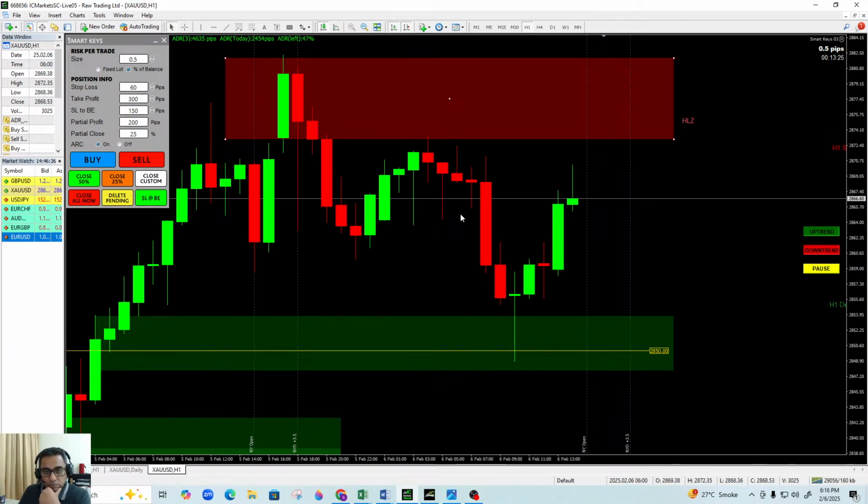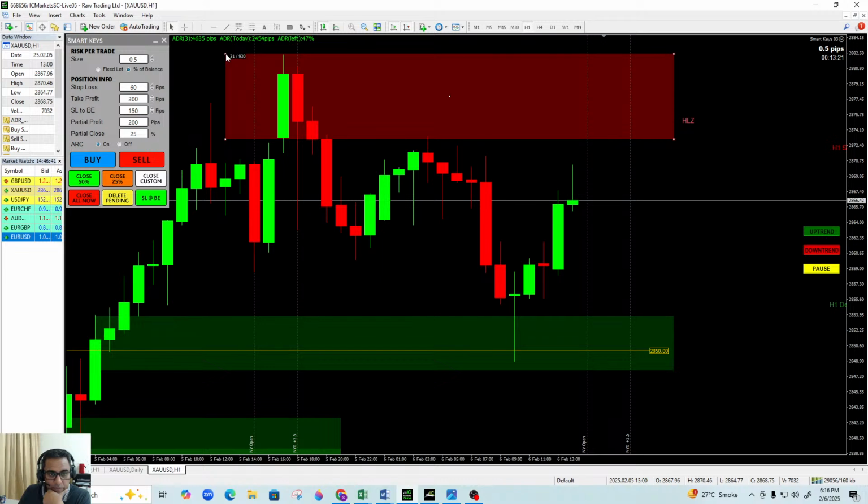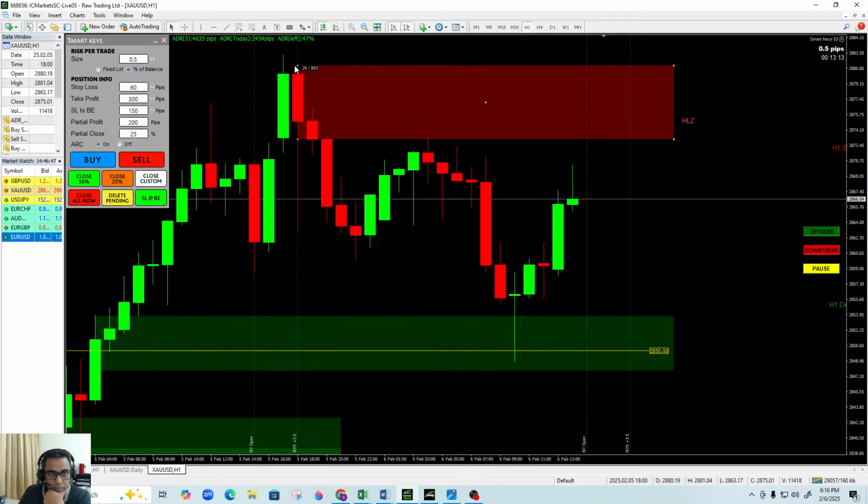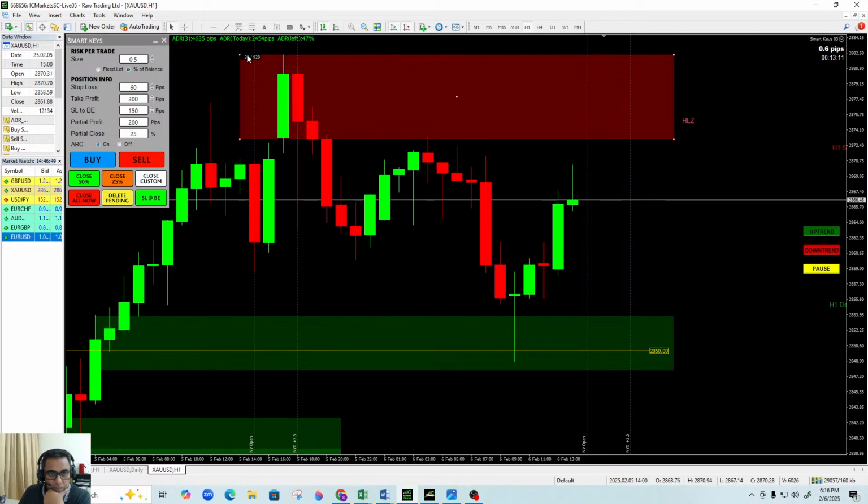I'm going to take these 3 as part of the base and this as the leg out, right? So always work backwards. It's a lot easier when you identify the leg out, then it's easier to see the zone more clearly, right? So that's the leg out.